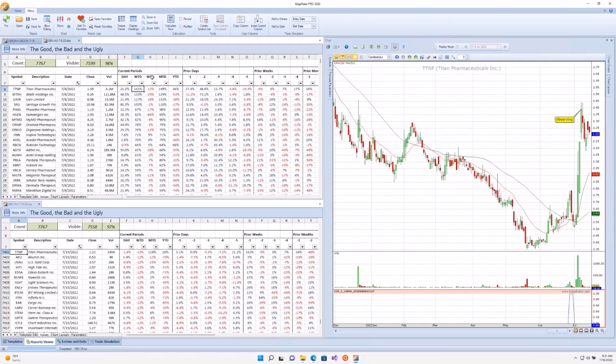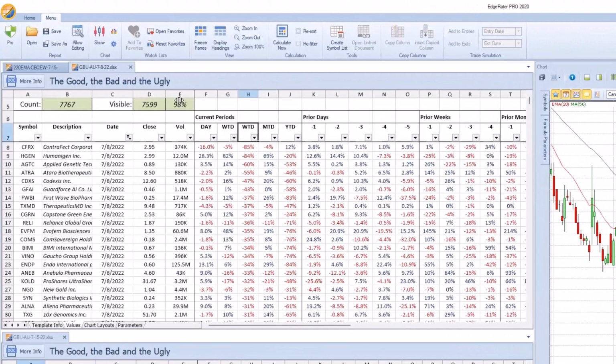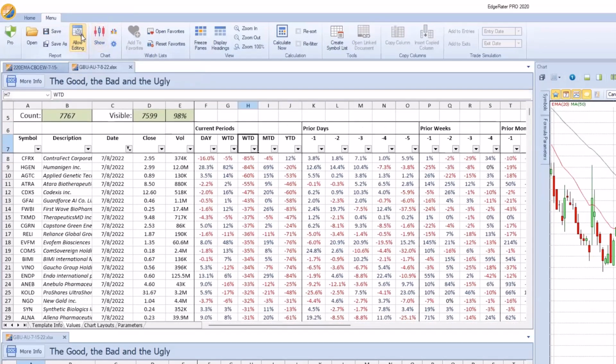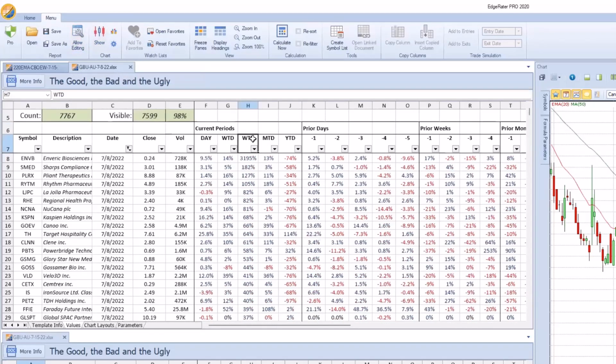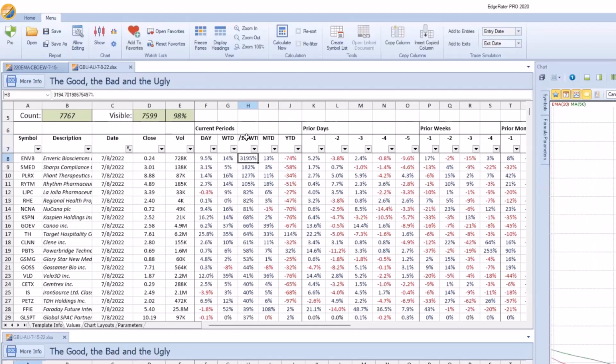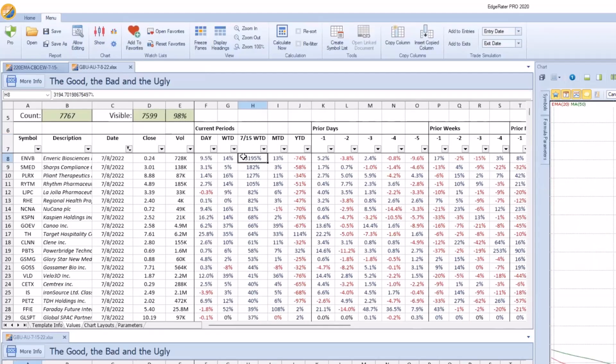Because these both say week to date or WTD, I could select that and allow editing. That's another option in the menu here. Once I've allowed editing on a report, I can type anything I like in here. So I could say that this is 7/15 week to date. So now I know exactly what's going on there.